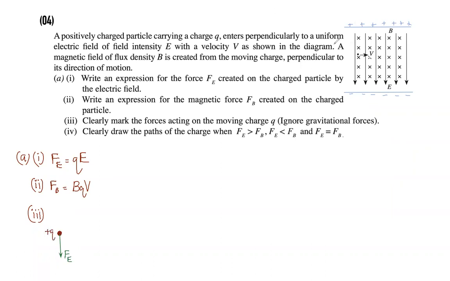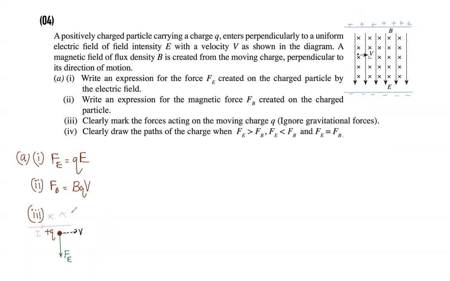What's the direction of the magnetic force, people? Again, Fleming's left-hand rule. This one is attempting to move towards the right side, so the current is going to be in the same direction. This is the direction of current. Magnetic field is into the plane. Sorry, forgot to mark that.